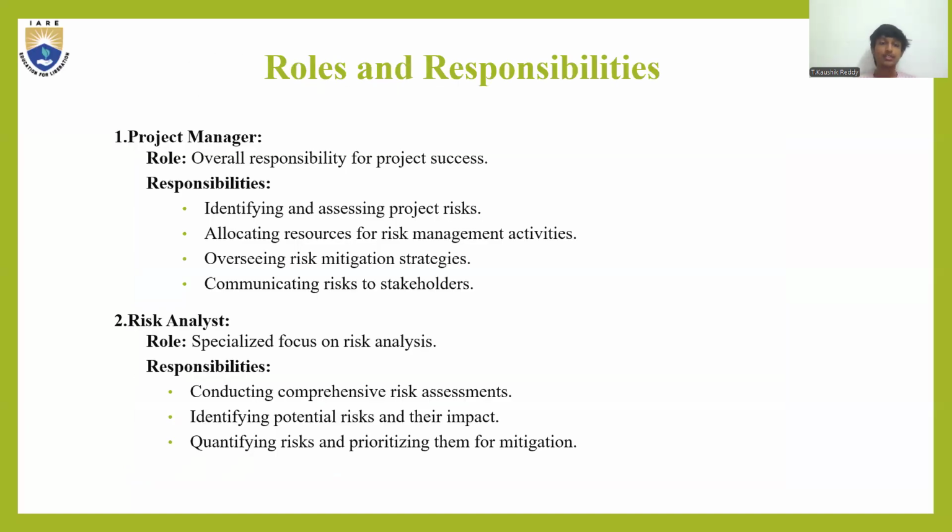Roles and responsibilities. Project manager role: overall responsibility for project success. Responsibilities: identifying and assessing project risks, allocating resources for risk management activities, overseeing risk mitigation strategies, and communicating risk to stakeholders. Risk analyst role: specialized focus on risk analysis.